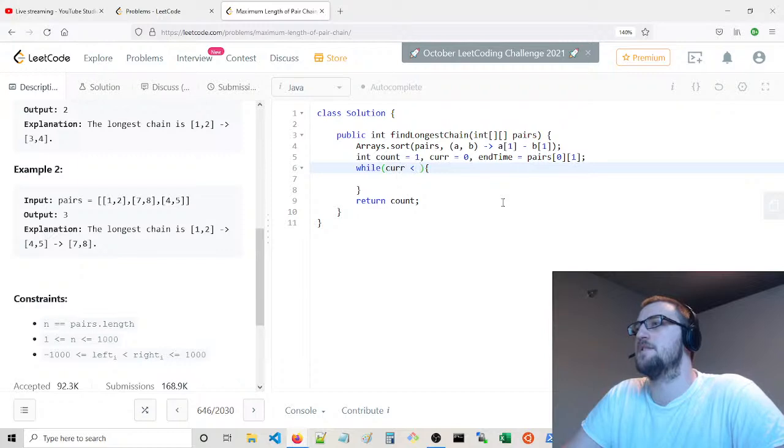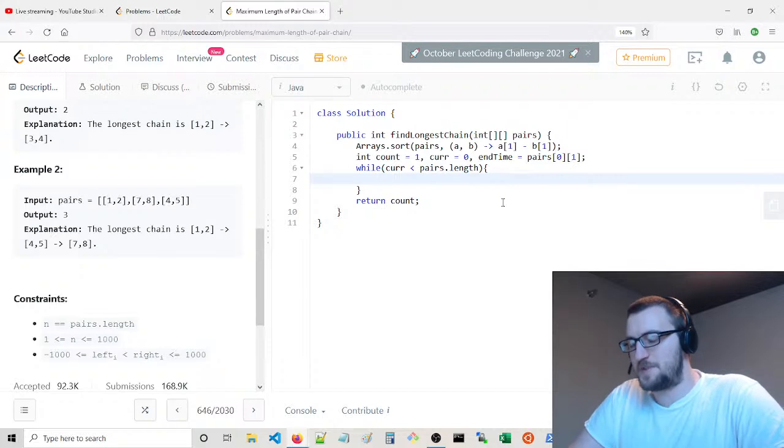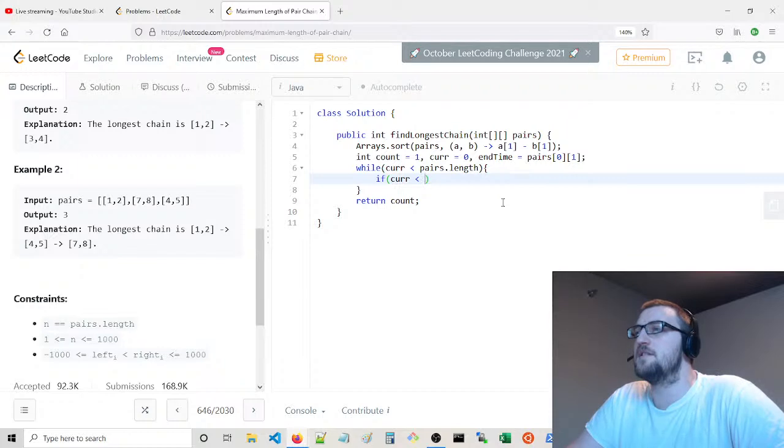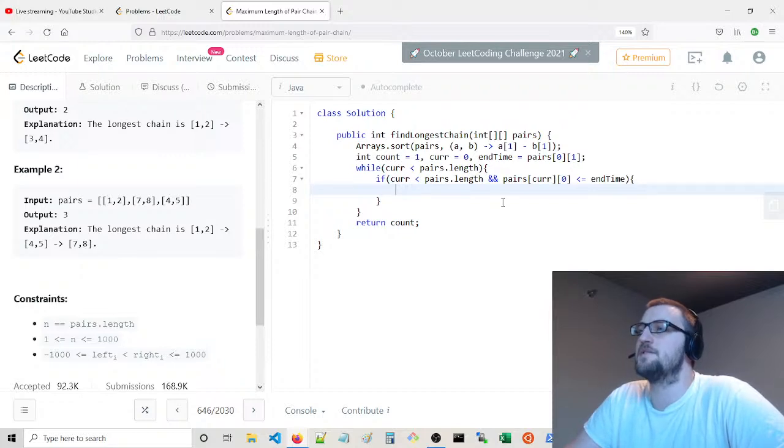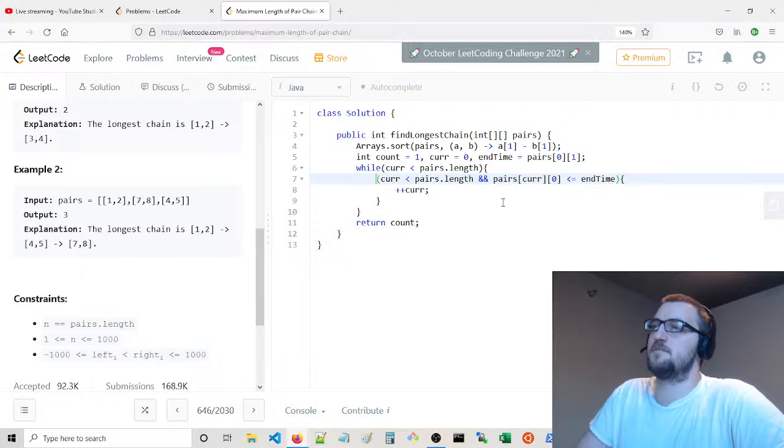So while current is less than pairs.length, if this pair's start value conflicts, if its start value is less than or equal to the end time, then we're going to increment current, and this really should be a while loop.